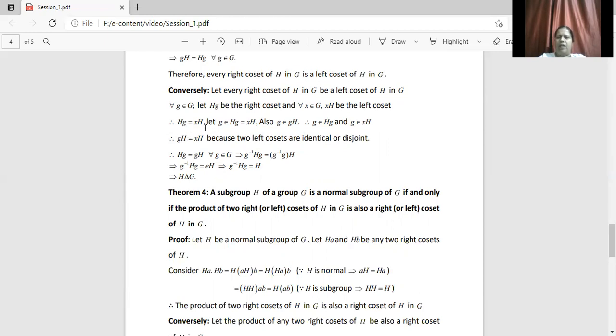Let g belongs to Hg, which is equal to xH.